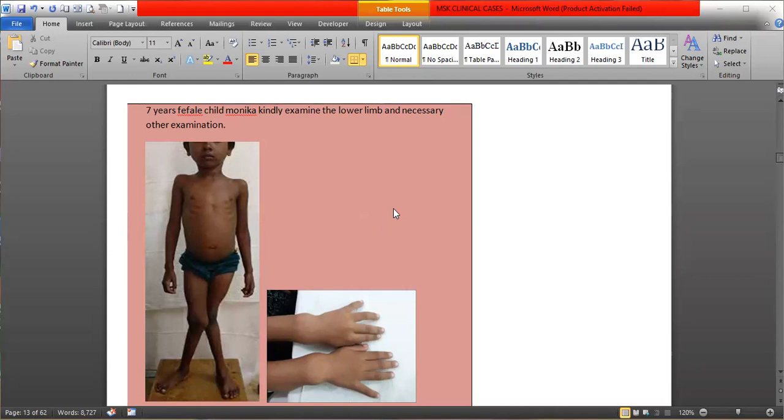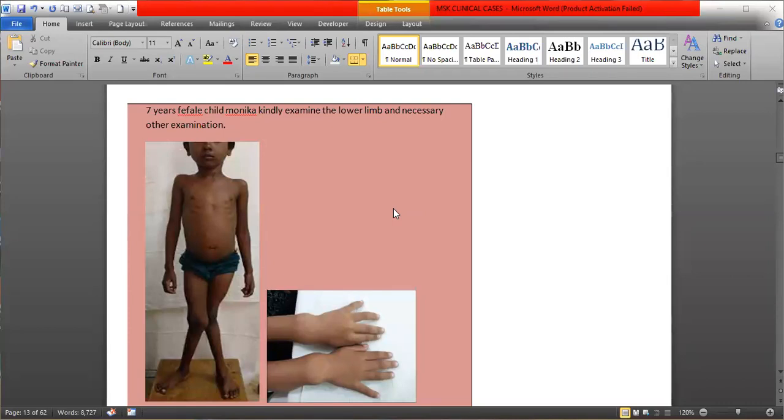Monica, can you please walk for me? Walking and touching both the knees, it is difficult to walk, as you can see. I am at the child's level and observing the gait. Is there any waddling gait or any other kind of gait? It is just knock knee only.